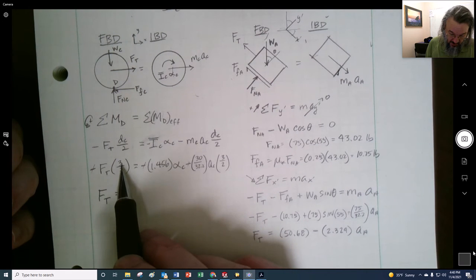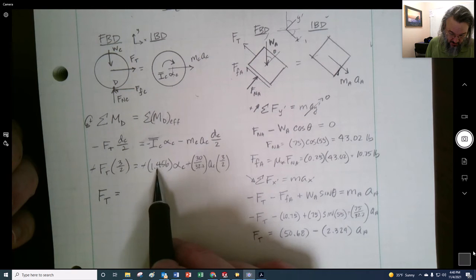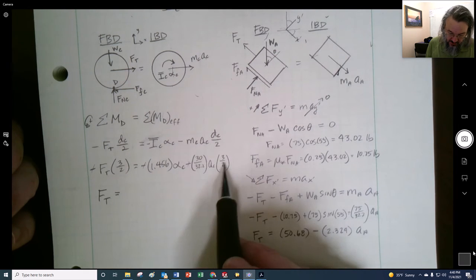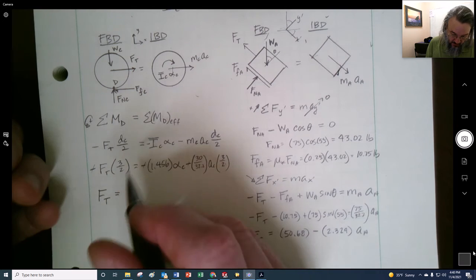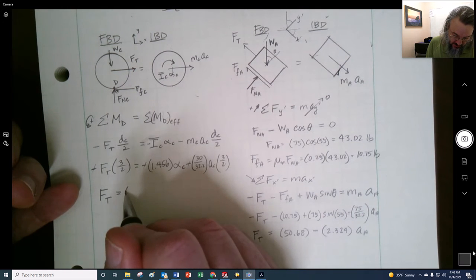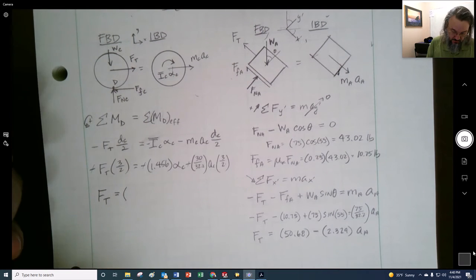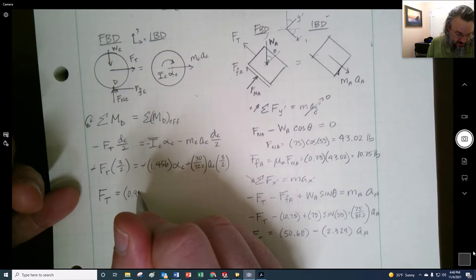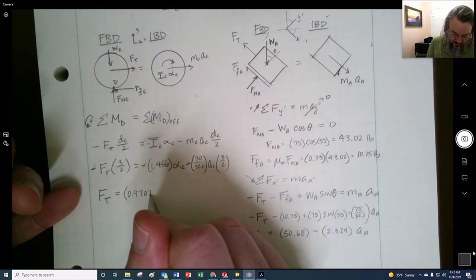So I'm going to divide through by that 1/2, which is going to get rid of that, by the way. So that really just affects this. So I have 1.456 divided by 1.5. I didn't plan that. 0.9707.